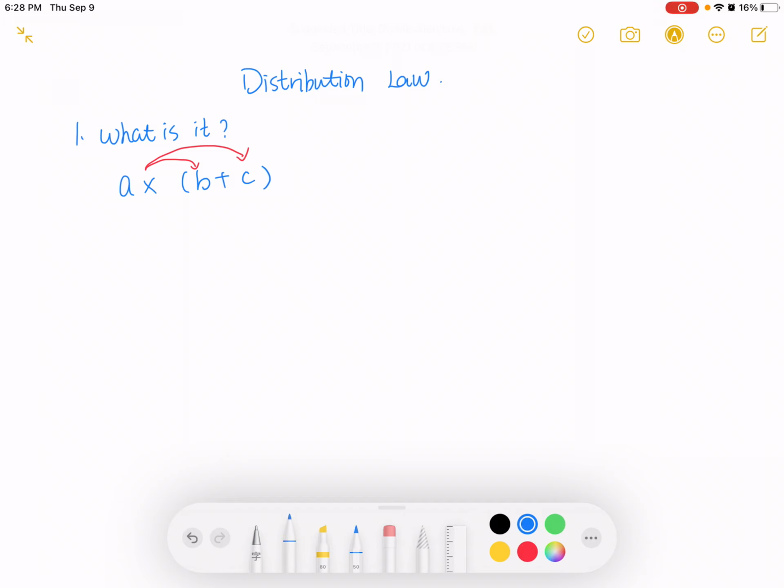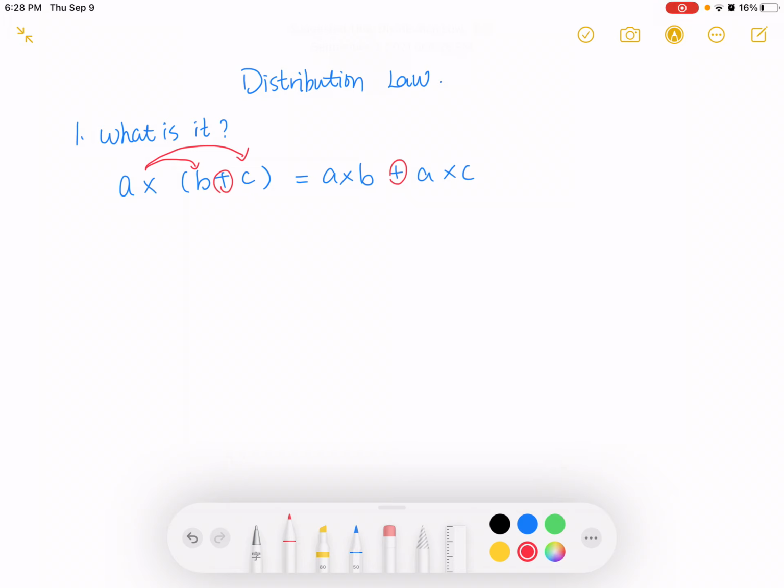So this will equal A times B plus A times C. The sign here, addition, comes from the addition inside the parentheses. So if originally there was a subtraction, you're going to do a subtraction. Okay? So that's what distribution law is doing.